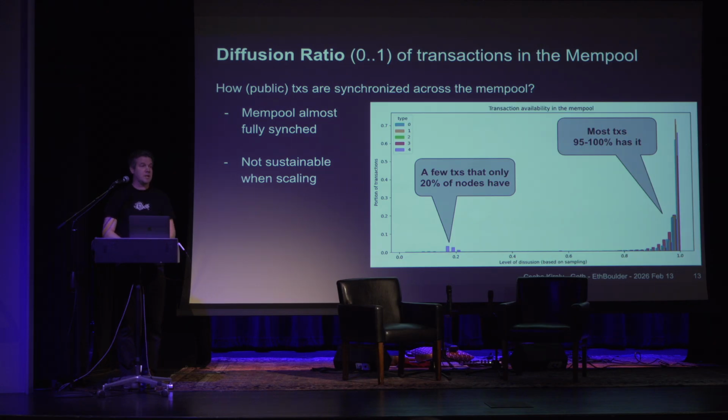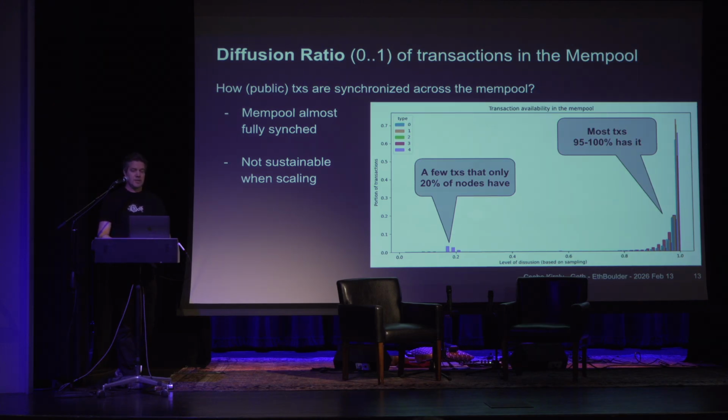So what's happening in the mempool? The mempool is getting the transactions and then distributing them between all the nodes, ideally. The question is, is it distributing a transaction to all the nodes? And the answer is yes. If I today look at the mempool and take a given transaction, then basically everyone has it.